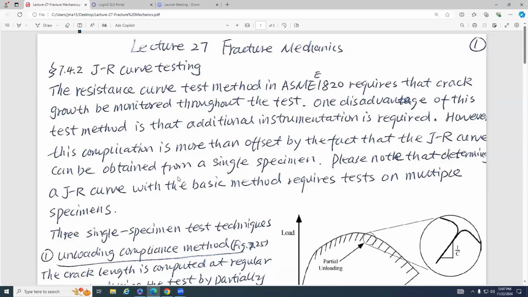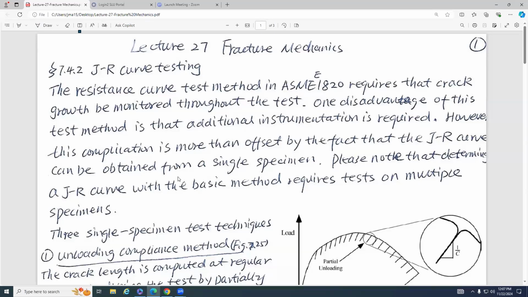Please note that determining the JR curve with the basic method requires tests on multiple specimens. Basic method means we have multiple specimens. Each specimen we fracture, letting the crack grow, so each specimen has a different crack length.